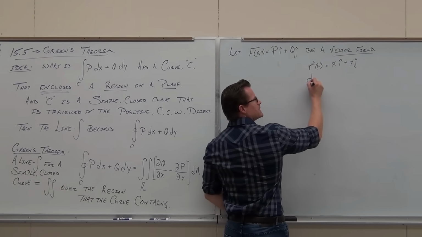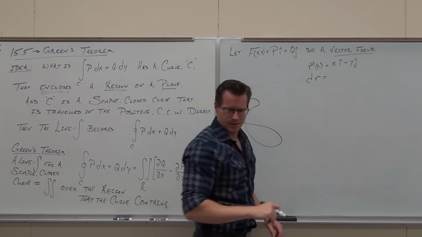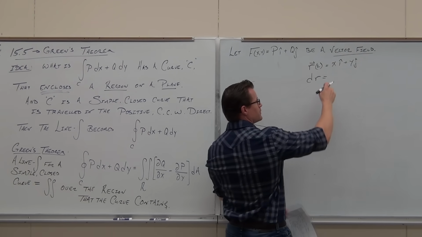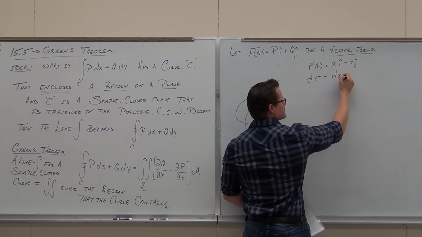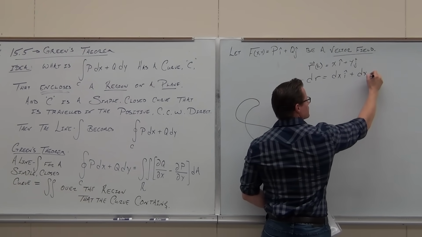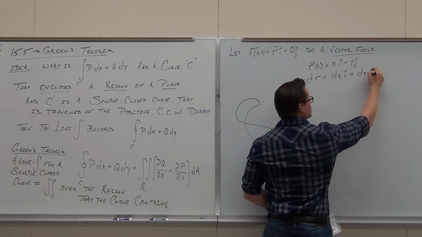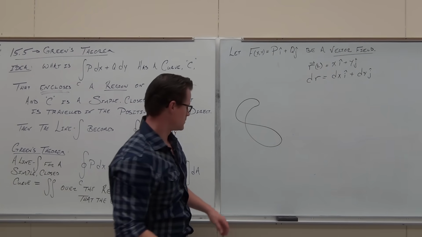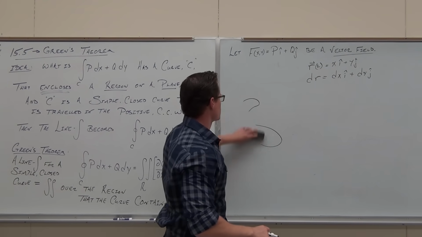We did a lot of stuff with dr, and dr happened to be the partial derivative of this with respect to x, and the partial derivative of this with respect to y. That's where we got that from.